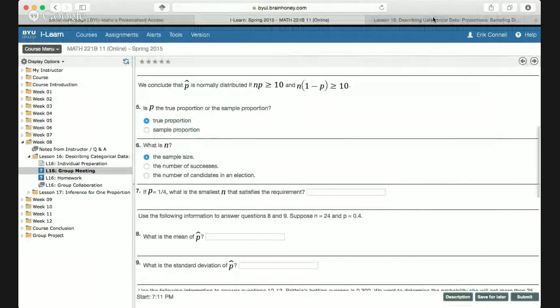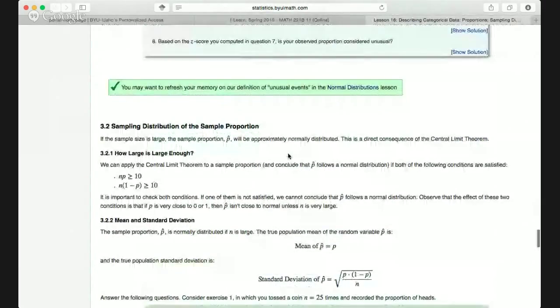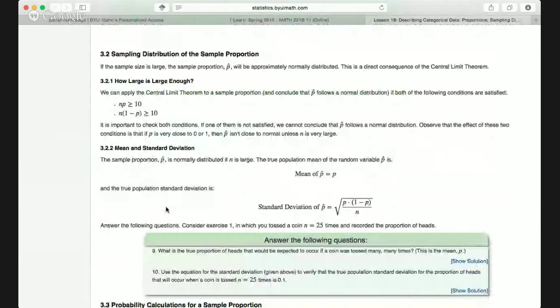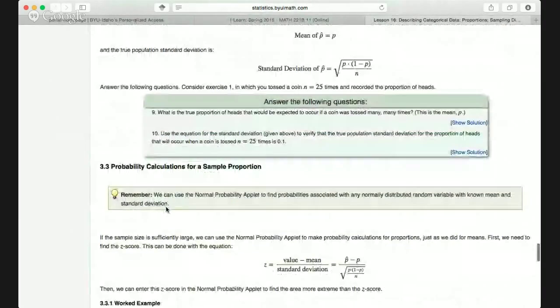Sample proportion p hat is normally distributed if n is large. The true population mean of the random variable p hat is okay. Okay, so we're looking for n. If p equals 1/4, what is the smallest n that satisfies the requirement?